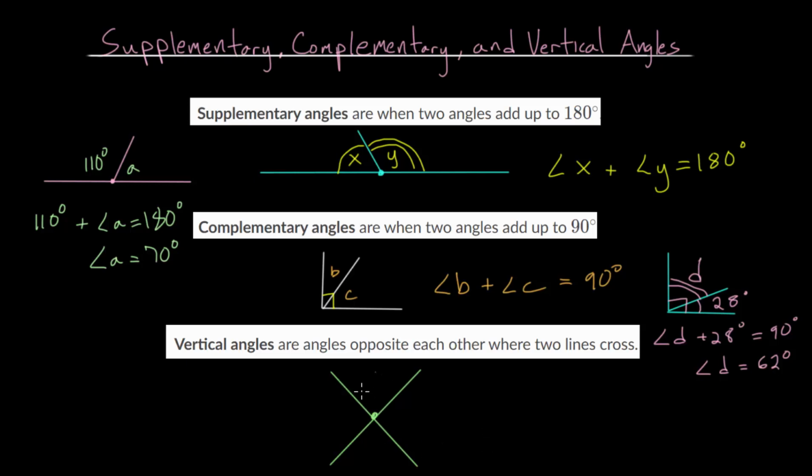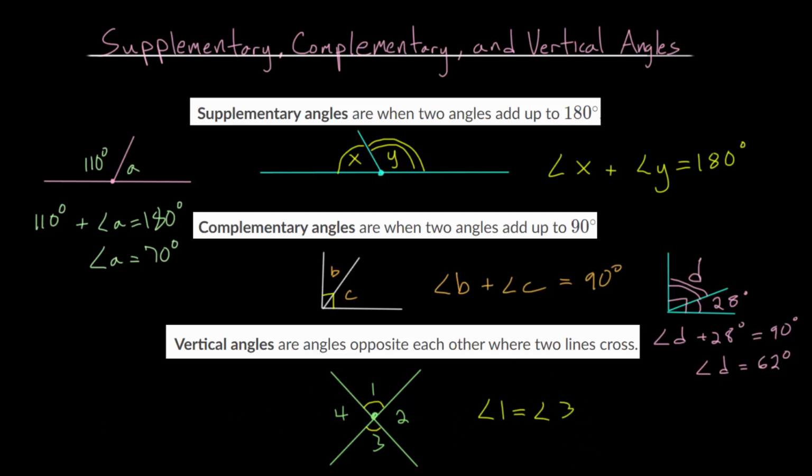So let's just label these as maybe 1, 2, 3, and 4. So 1 and 3, these would be vertical angles. We can label them with this yellow marking. And vertical angles are equal to each other. So we can say angle 1 is equal to angle 3.